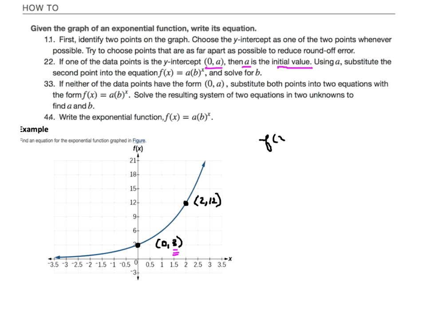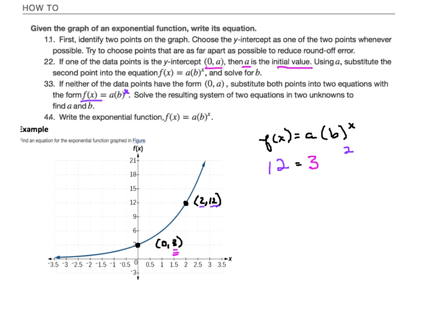Okay, so we have our general form, f of x equals a times b raised to the x power. I know that my initial value is 3, and I have one other point that I can plug in for x and f of x. Here's x, and here's f of x. So 12 and 2.